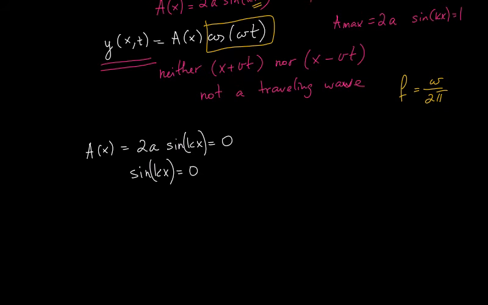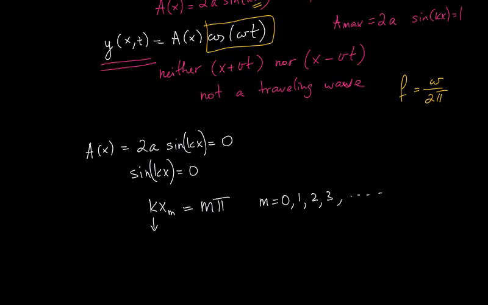So in other words, these angles kx, which I'm going to label with a subscript m because there are many of these values, would be equal to m pi, where m equals 0, 1, 2, 3, and so on.